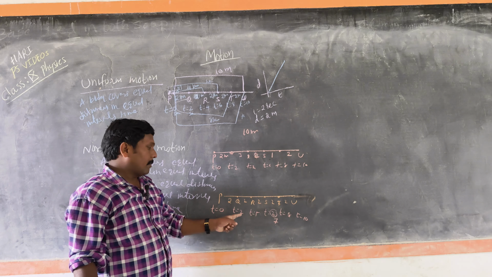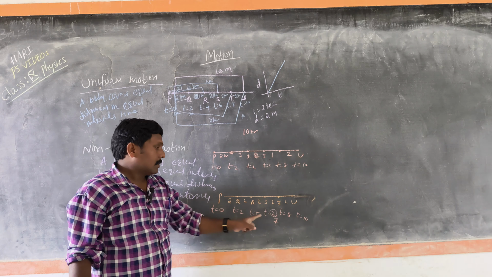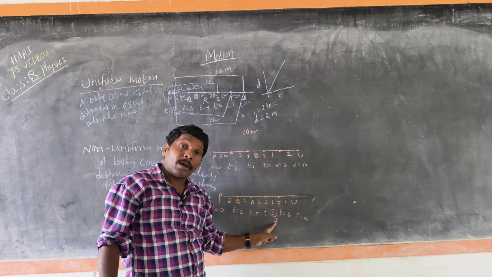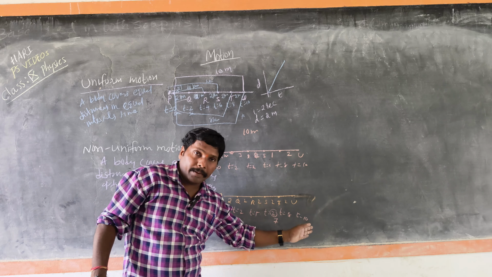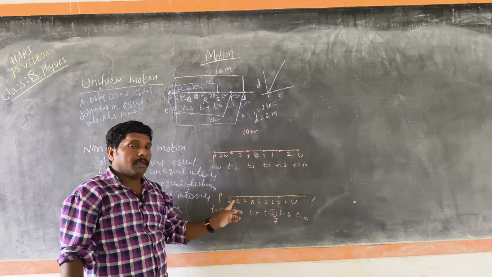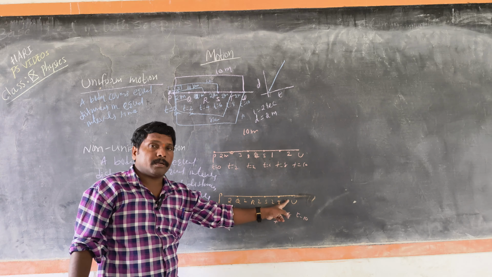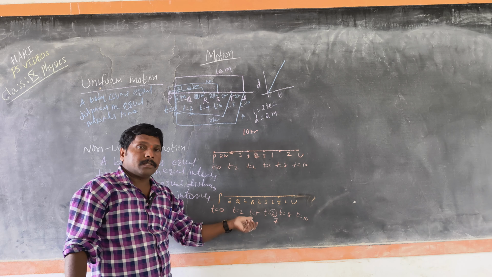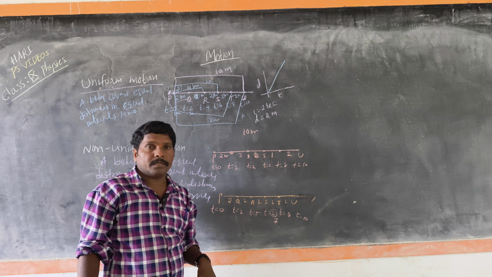First 2 minus 0 is 2, 5 minus 2 is 3, 7 minus 5 is 2, 8 minus 7 is 1, 10 minus 8 is 2. Unequal intervals of time, but the same distance covered. The time gaps are different: 2 seconds, then 3, then 2, then 1, then again 2.